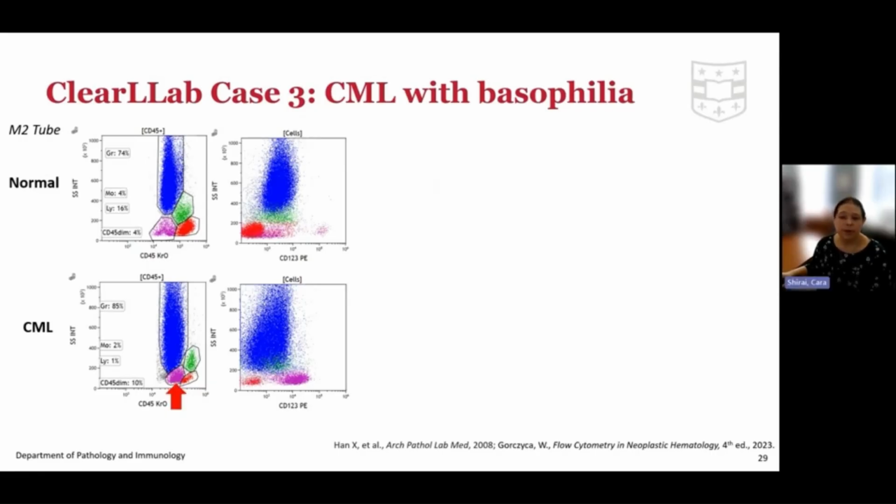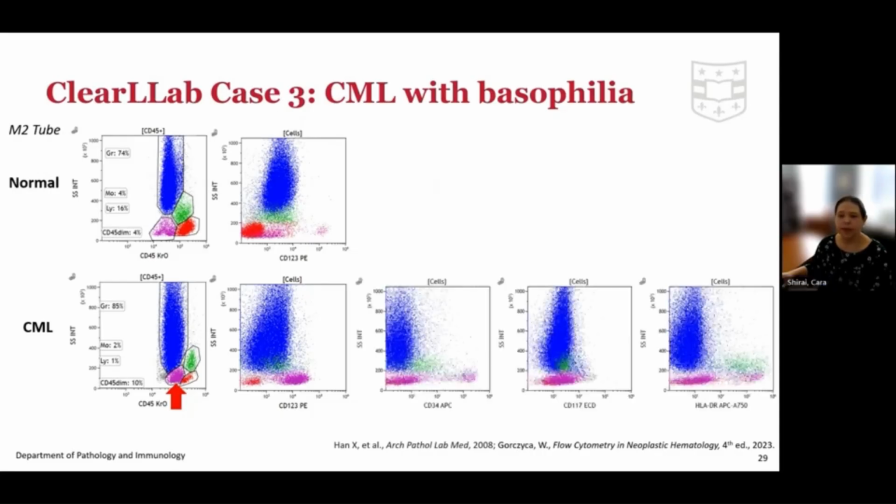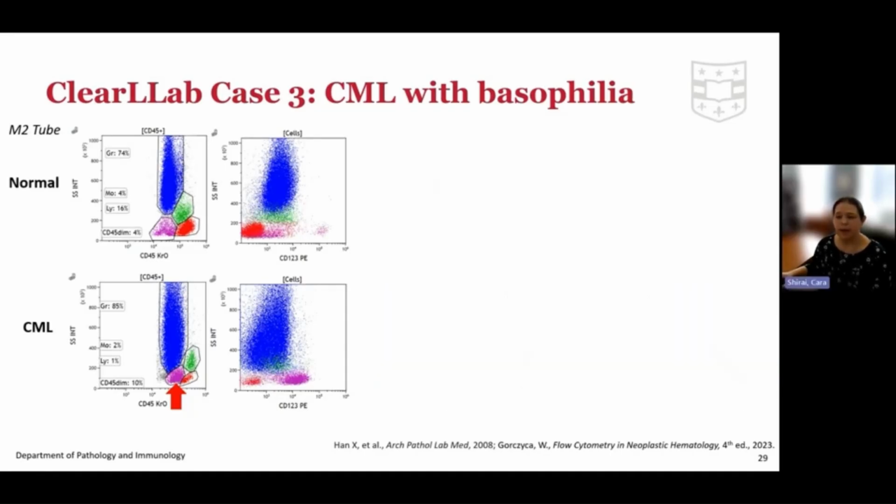However, recall from our earlier discussion that not everything in this region is a malignant blast population. And indeed, this population is predominantly negative for CD34, CD117, and HLA-DR. Basophilia is a common finding in CML, and basophils are CD45 dimmer and have low side scatter. Careful evaluation of antigen expression and correlation with morphology is required to avoid overcalling.